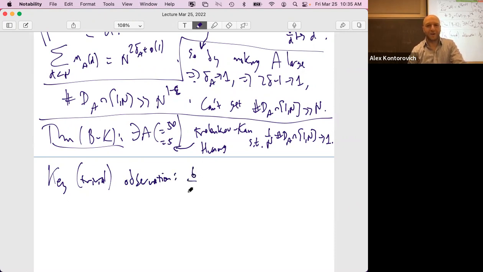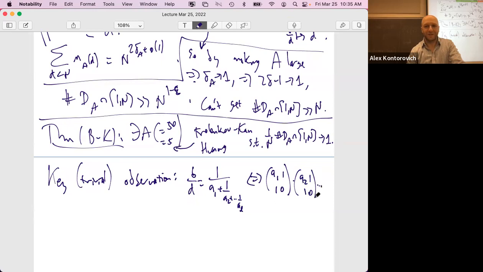If you have a fraction b over d that's equal to 1 over a1 plus 1 over a2 and so on down to 1 over al, that happens if and only if when you take the matrix (a1 1; 1 0) times (a2 1; 1 0) and so on down to (al 1; 1 0), that matrix product comes out to some (? b; ? d).